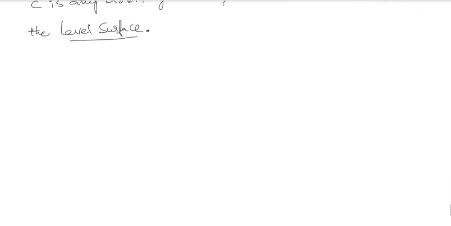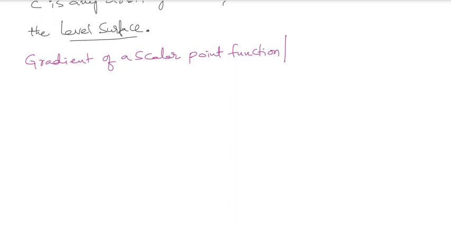Next, from this we will define this. This is very important. Usually the gradient of a scalar point function, which is also called slope or normal vector, are synonyms for this one.